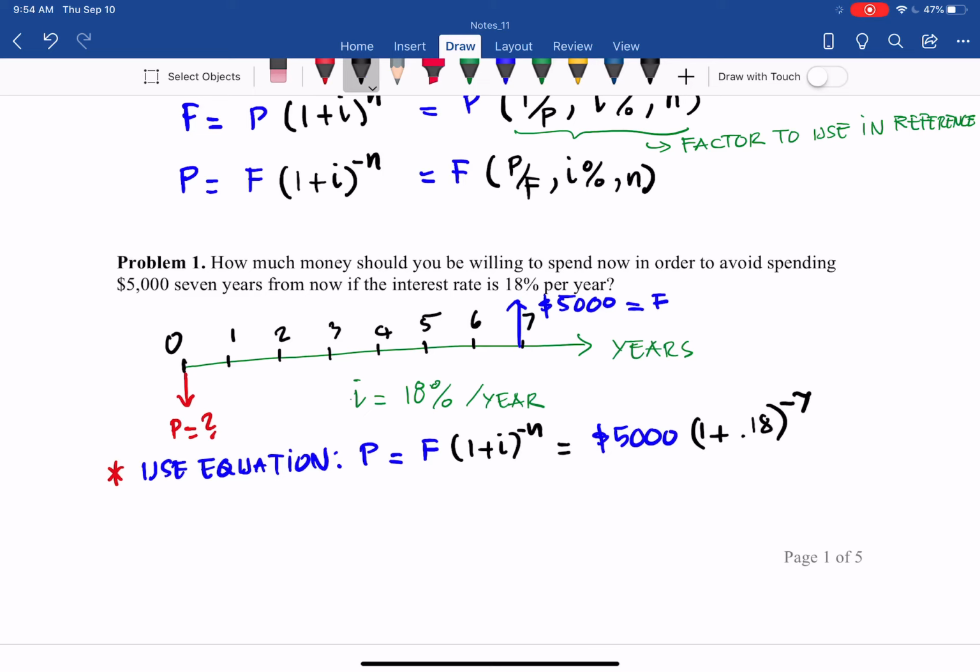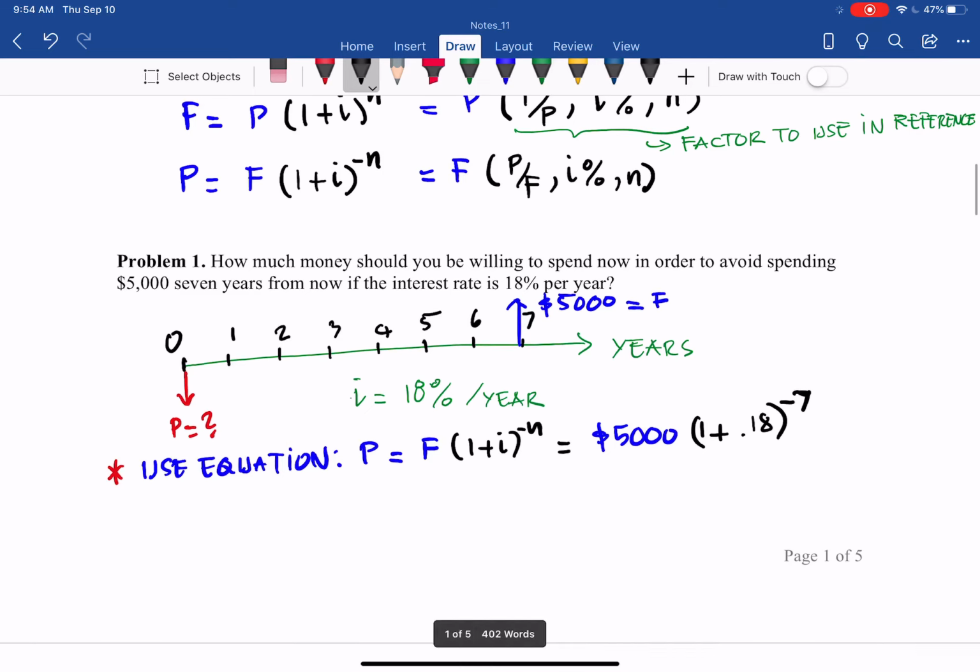So from that you get 1,569.63, if you apply the equation directly.